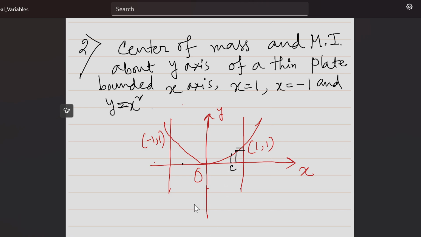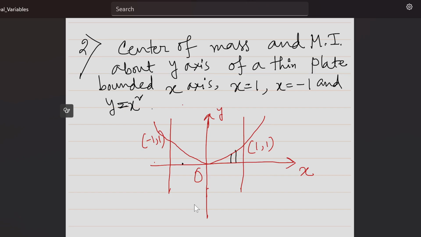Okay, when to take vertical or horizontal, that's the only thing in these problems. So I will take this one as my picture. I will draw this graph again. So this is the picture.